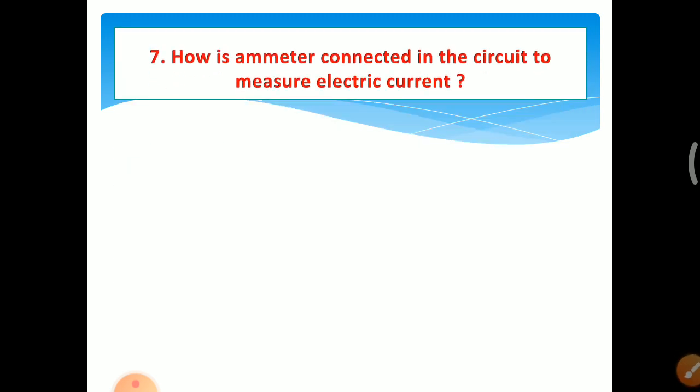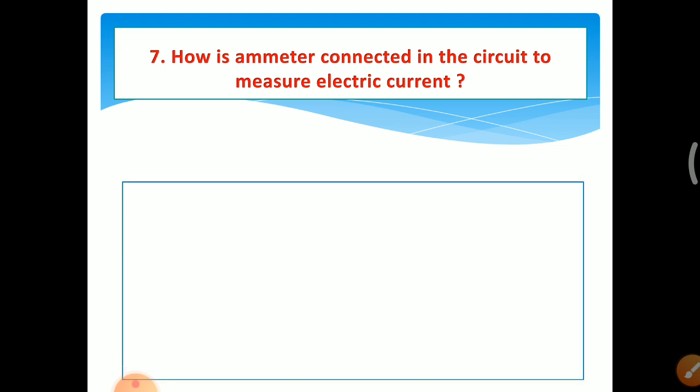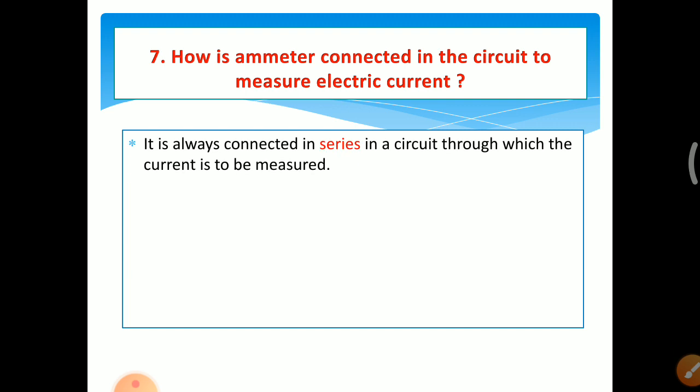How is an ammeter connected in the circuit to measure electric current? It is always connected in series in a circuit through which the current is to be measured.